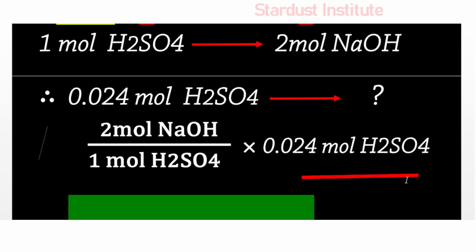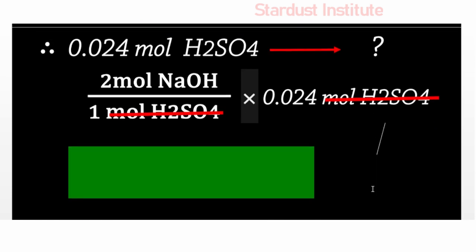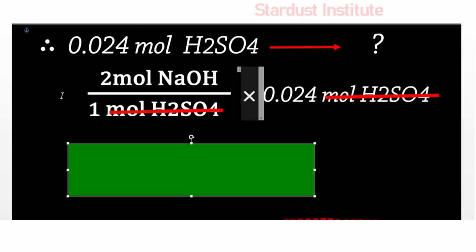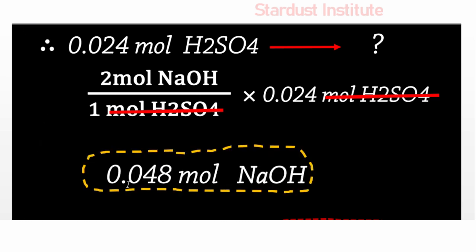We should cancel out units. Mole H2SO4, mole H2SO4, then we get 0.048 moles of NaOH.